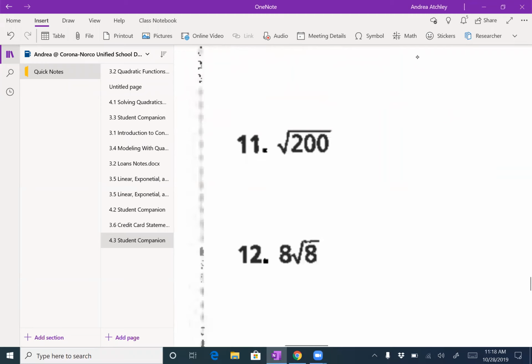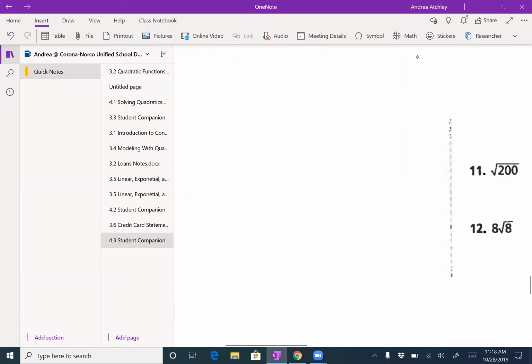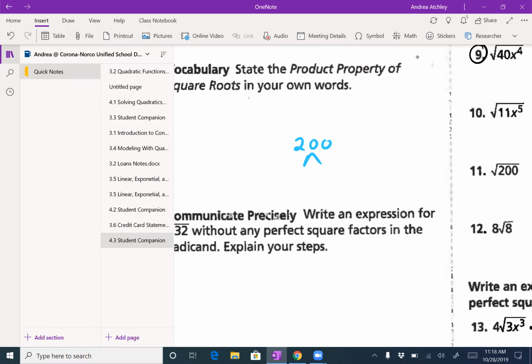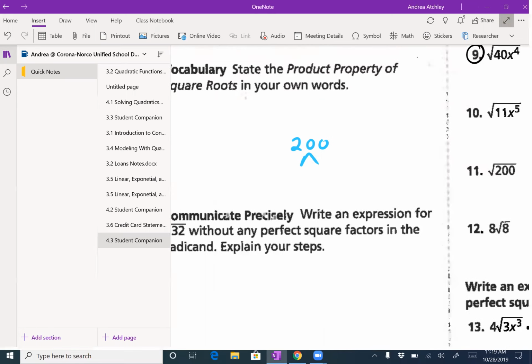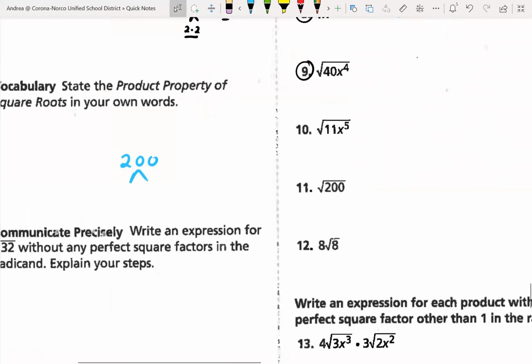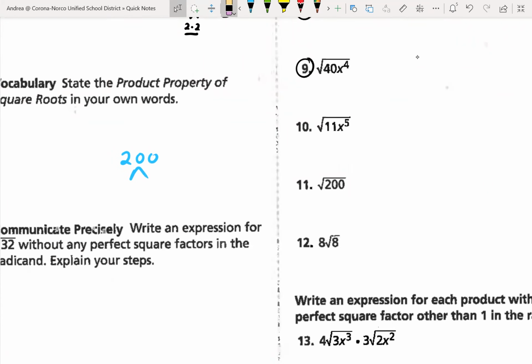Okay, so again, I'm going to move the 200 over here so I have room to factor it. 200, 100 times 2, then 10 times 10. If you see a perfect square right there, you can stop factoring. If you don't see the perfect square, then keep going. 2 times 5, 2 times 5.